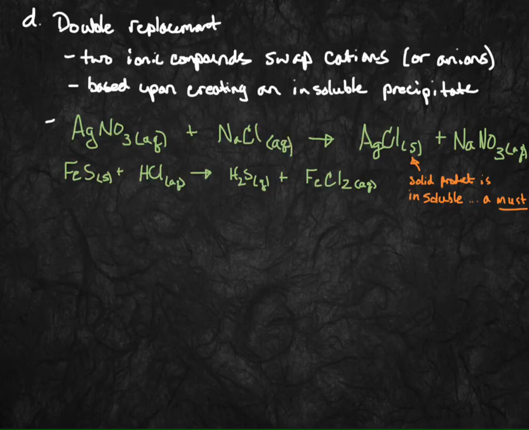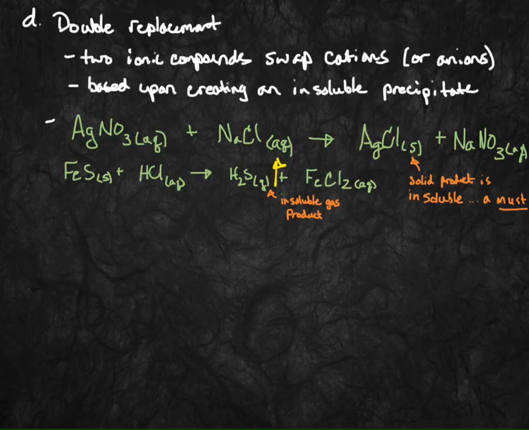We usually draw it: we see that it evolves, and we draw this up arrow, saying that this gas leaves the reaction and it's no longer involved, and so we're just left behind with the FeCl2, the iron 2 chloride, in the reaction. And that gas product drives the reaction and makes everything move towards creating more H2S and FeCl2.